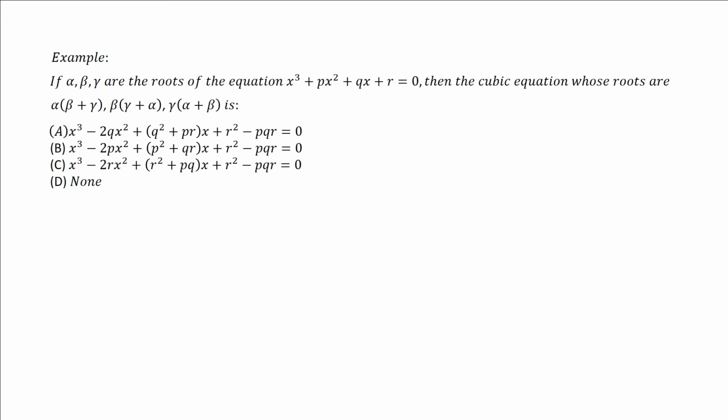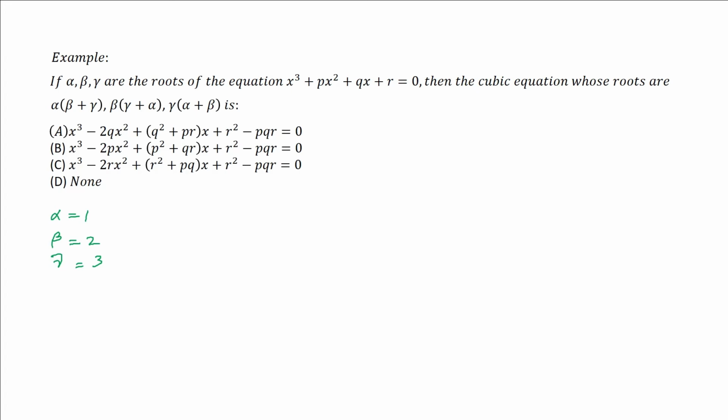Here are 4 options. We have to choose the right option here. So here we apply the trick, a method of substitution: alpha equal to 1, beta equal to 2, gamma equal to 3.